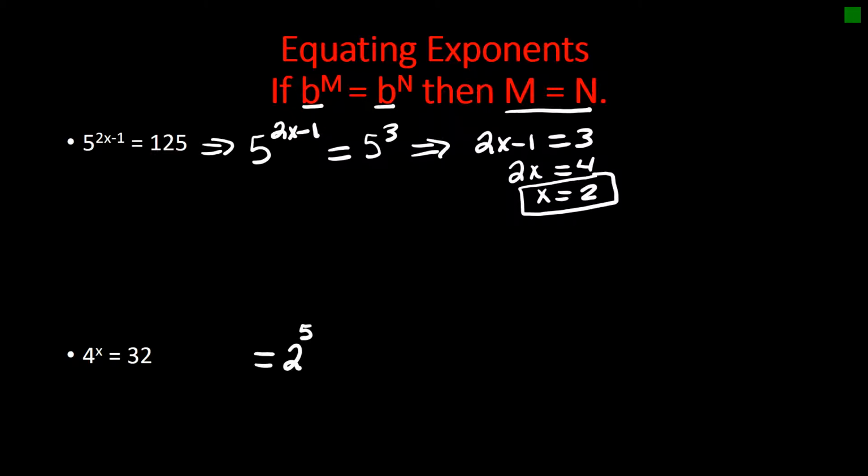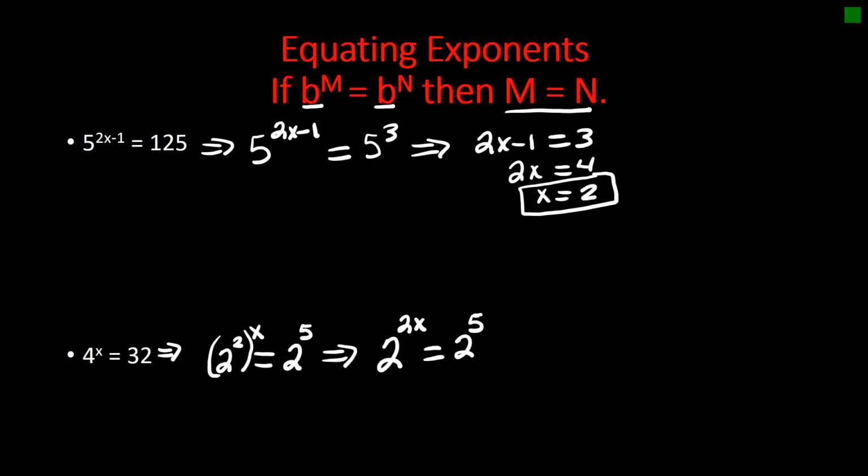And then we have this 4 to the x over here, so how are we going to make this work? Well, 4 is the same as 2 squared. So 4 to the x can be seen as 2 squared to the x, which we can rewrite. We know when we raise a power to a power, we multiply the powers.